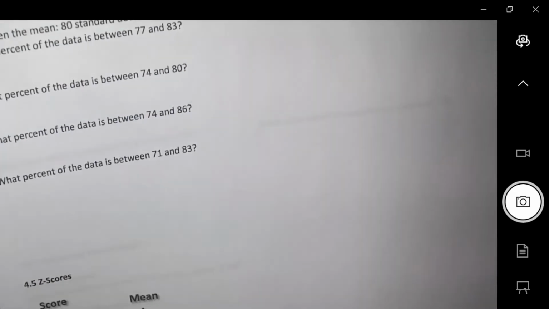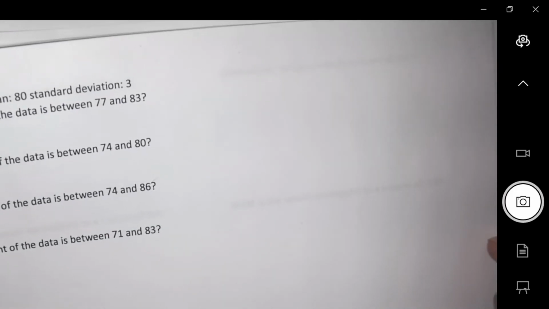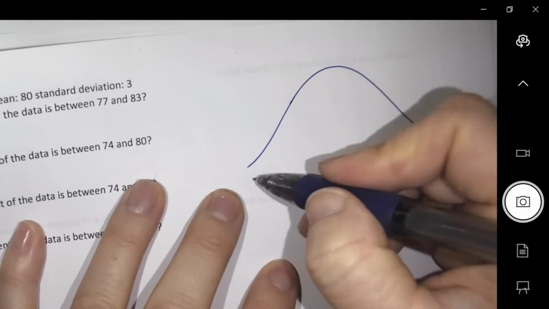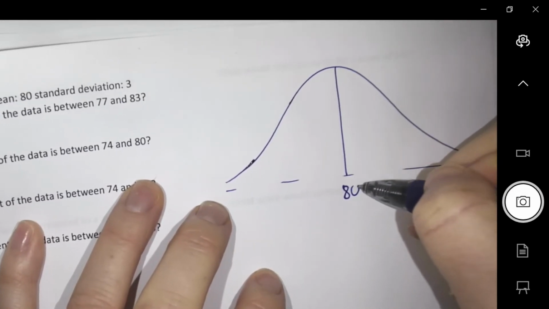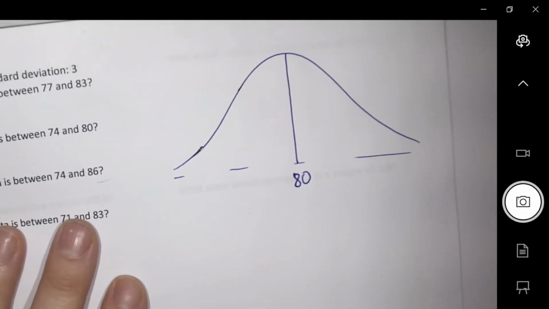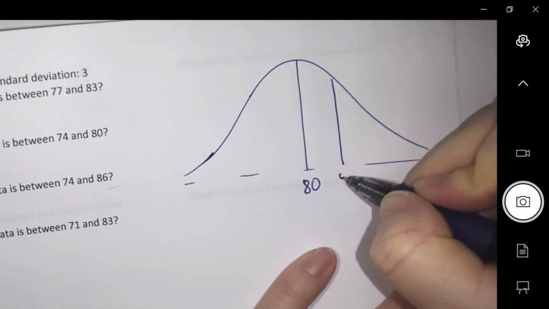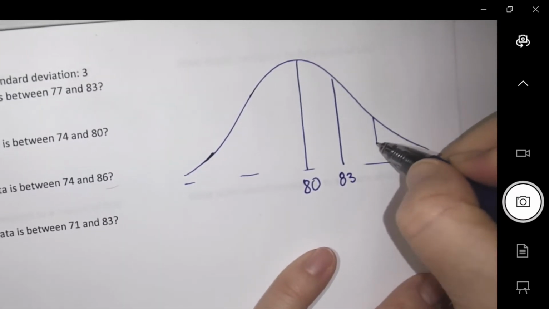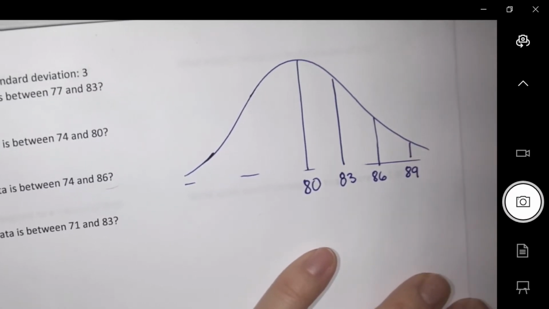Okay, ready? Let's apply it. You have a mean of 80. I'm a drawer. You don't have to, but I'm a drawer here. You have a mean of 80, and your standard deviation is 3. So 83, 86, 89. You see what I'm doing? I'm adding 3.